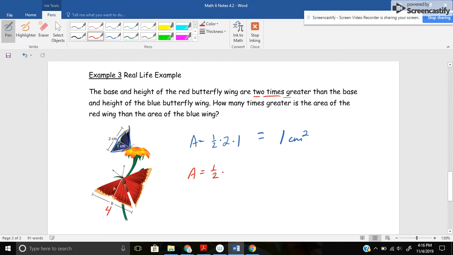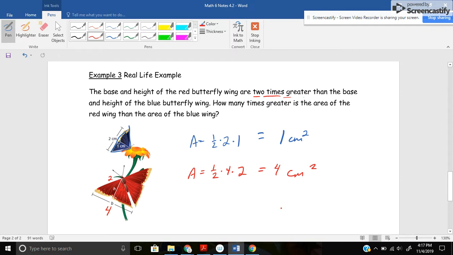Times the height, again, it's 2 times greater. What's 2 times 1? That would be 2. Then let's see what we get for an area. Half times 4 would be 2, and 2 times 2 would be 4. So the area of the red wing would give us a total of 4 centimeters squared.